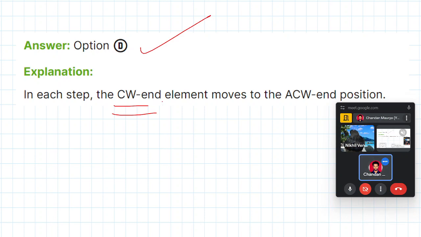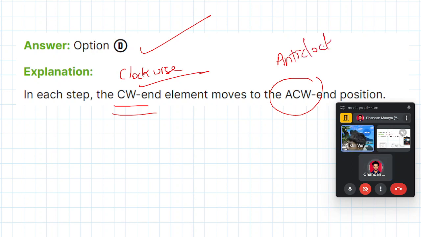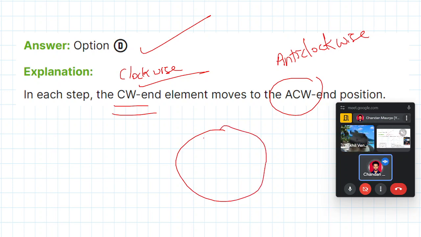What is CW? Clockwise, and the element moves anti-clockwise. This is the direction they are giving. We have seen our clock is moving like this.